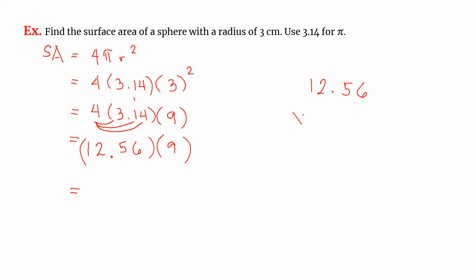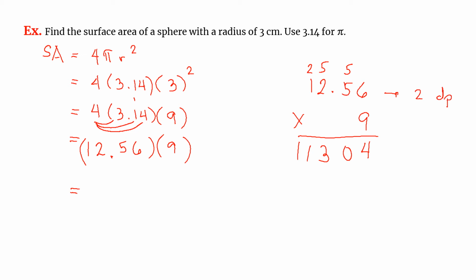12.56, okay, times 9. So 9 times 6 is 54, carry 5. 9 times 5 is 45, plus 5, it is what? 50, okay, carry 5. And 9 times 2 is 18, plus 5, that is 23, so carry 2. And 9 times 1 is 9, plus 2 here is 11. So again, meron tayo dito sa taas na 2 decimal places.